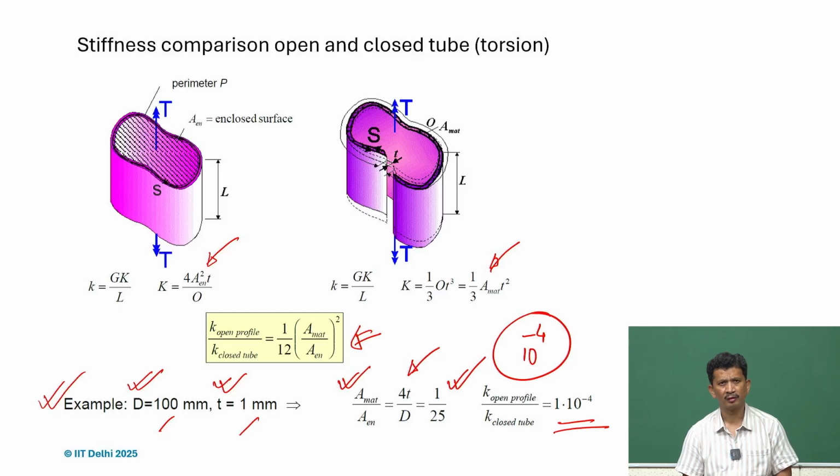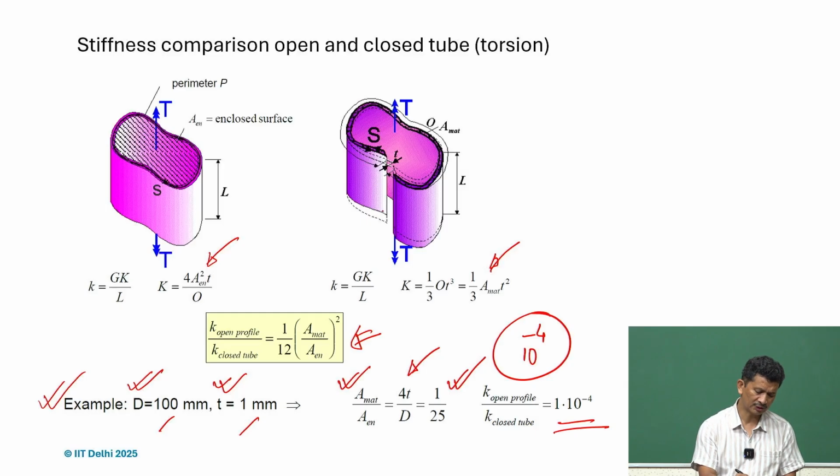the rotational stiffness is very, very high. So closed, we can definitely use it as a torsionally stiff member, but if it's open, it's a compliant member. So if it's open and by some means we can make it closed, then what will happen? I think we should be able to get the same stiffness.